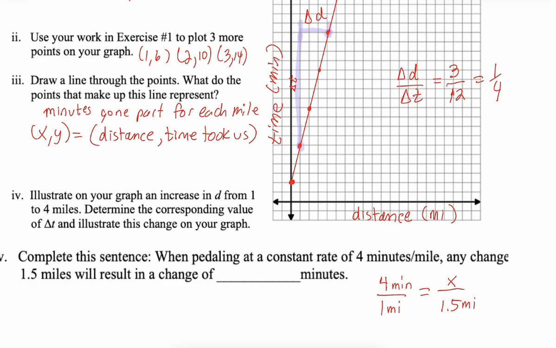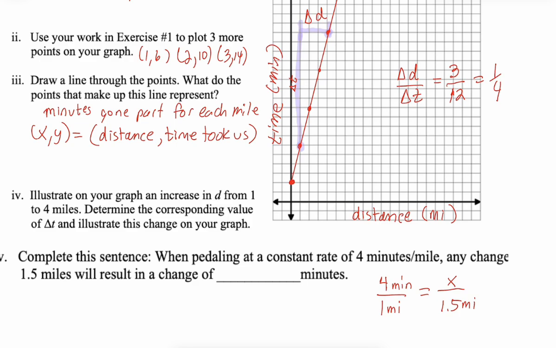We can use that proportion, since that fraction should always reduce to 4 over 1 if we're doing minutes over miles. So we need to find the number that would go there.